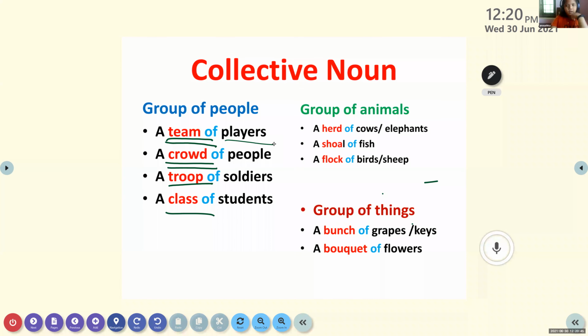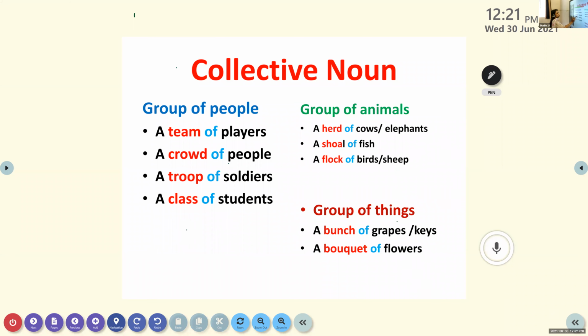If you say it once, please see that we will say it is team of players. Okay, so it is team of players. Then we'll move on to the people.